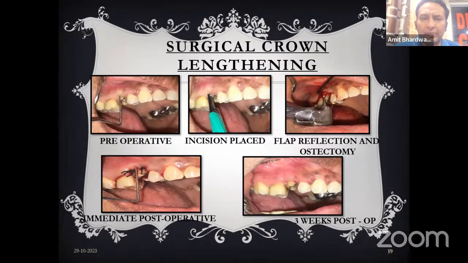Then you perform it with local anesthesia, raise the flap, remove some alveolar bone, and cut the excessive gingiva, and the prosthodontic friend will be helped by this minor procedure, so that sufficient crown is available and he or she can place a good crown prosthesis over it. So it can be done either with bone contouring or without bone contouring, depending on the case.